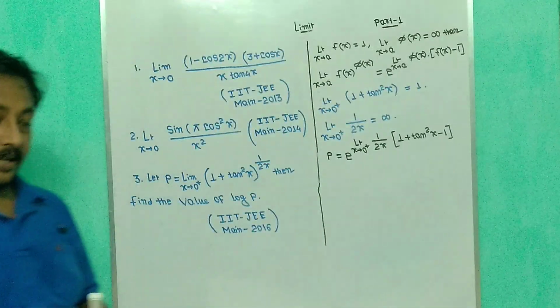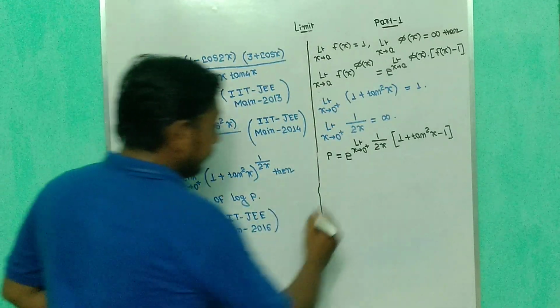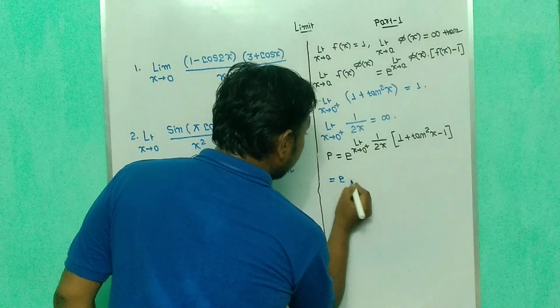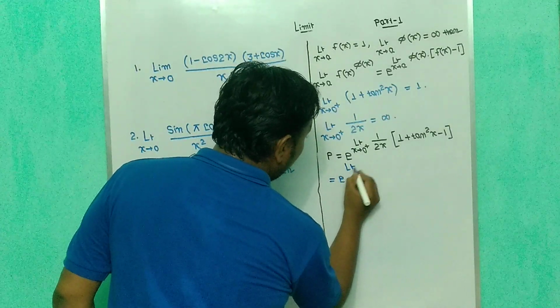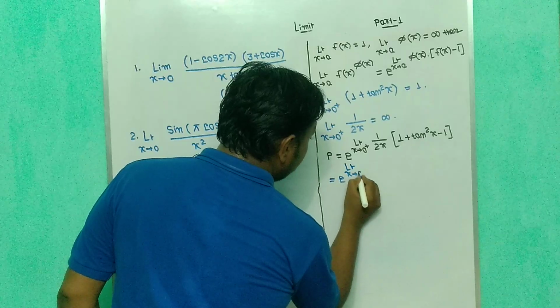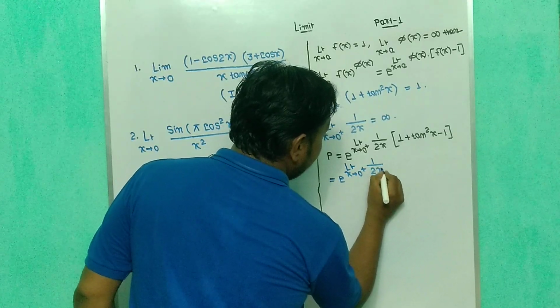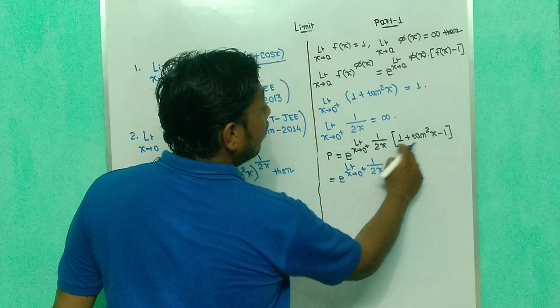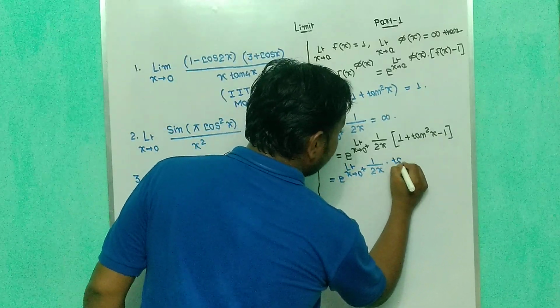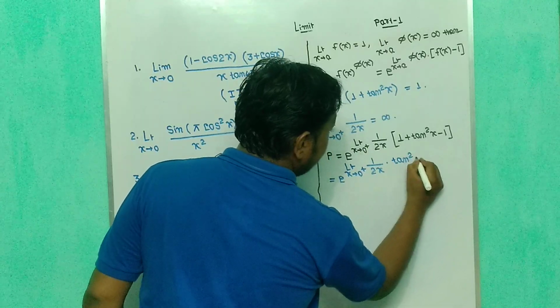Clear? Okay. Now you see e to the power limit x tends to 0 plus 1 by 2x into, this one cancels, that means tan square x.